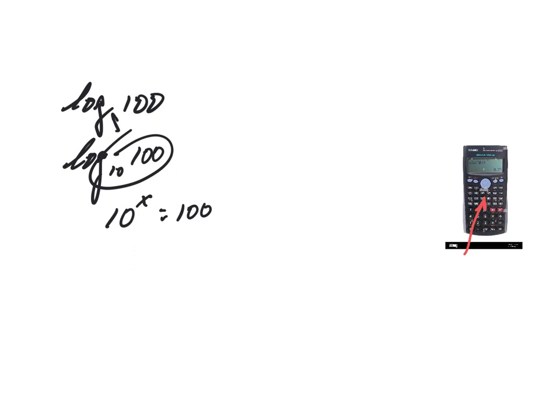Okay, so let's look at some that are a little weird looking. If I had something like the log of 7.02, what that is saying is, what number can I put as an exponent of 10 that gives me 7.02?